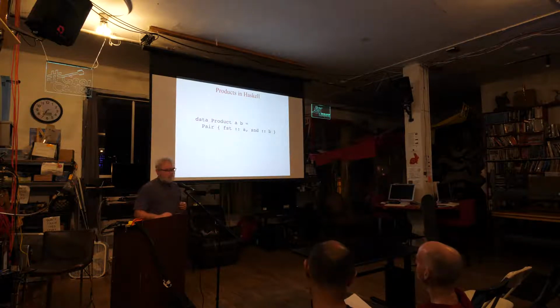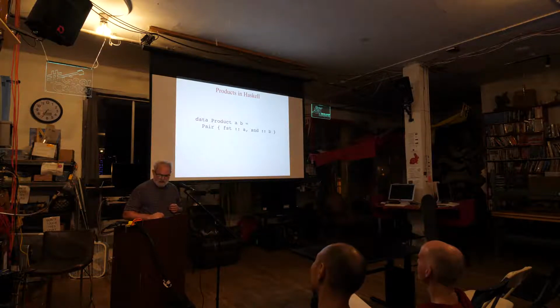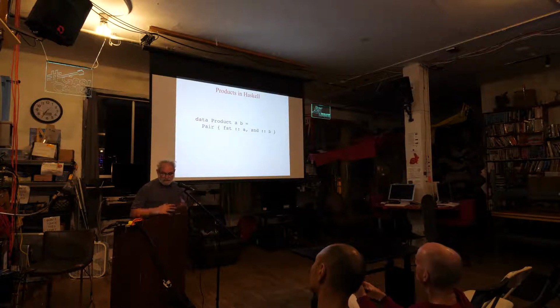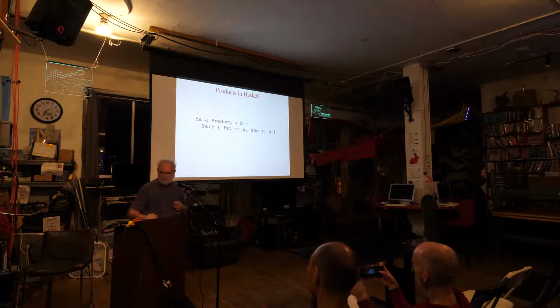So in Haskell it's slightly simpler. In fact, in Haskell it's much simpler, because the notion of pairs is built in. You just use round brackets. But if you were defining it in Haskell, you'd say I've got a product of A and B, and that's built with the pair constructor and has two components, of type A and B. And first is the name of the function that extracts the first component, and second is the name of the function that extracts the second component.